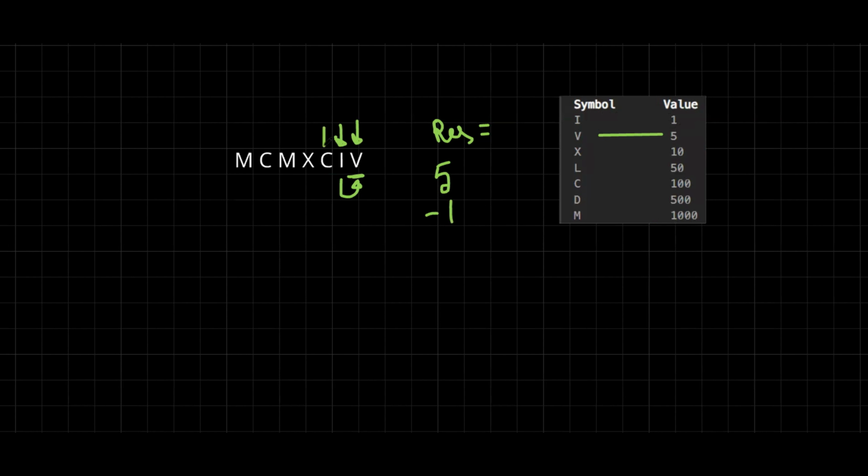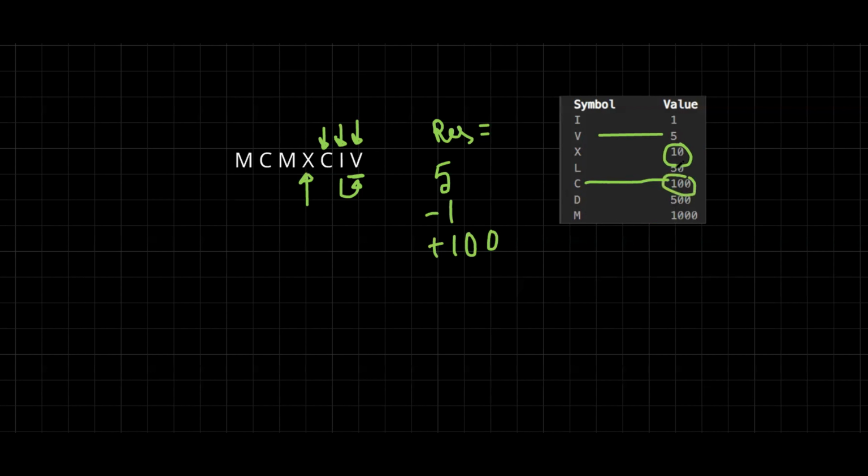Now we are at this element C. Here definitely the value of C is greater than the value of I. That means 100 is greater than 1. So we have to add 100. Similarly, for this element X, the value is 10 and the previous element is 100.